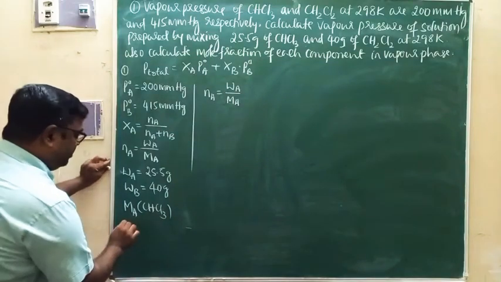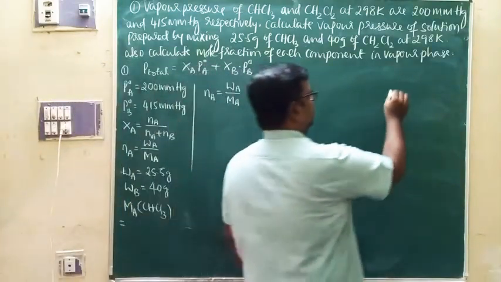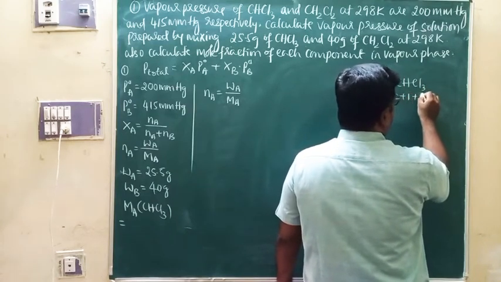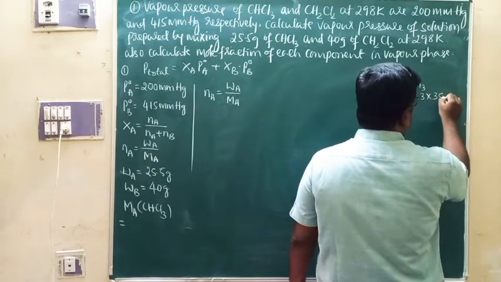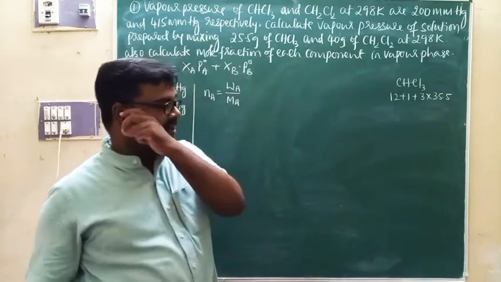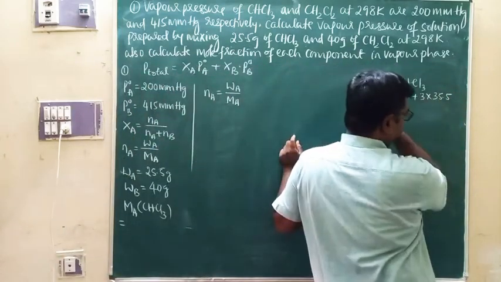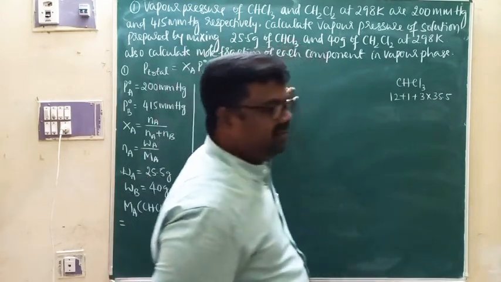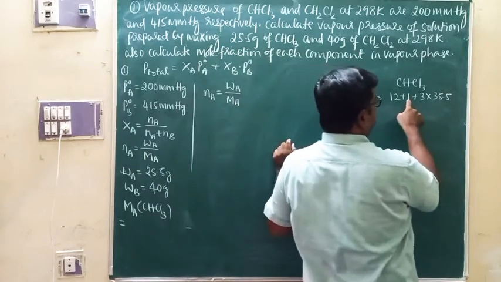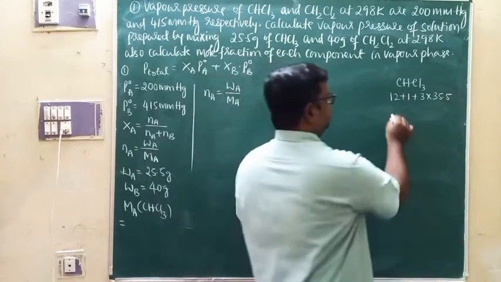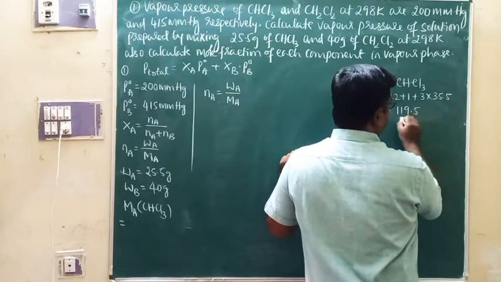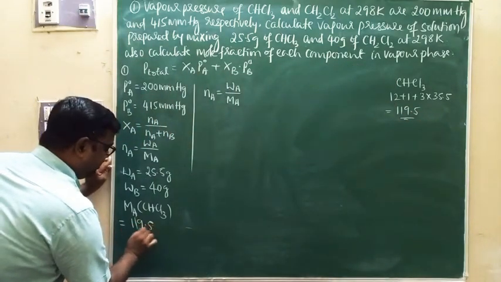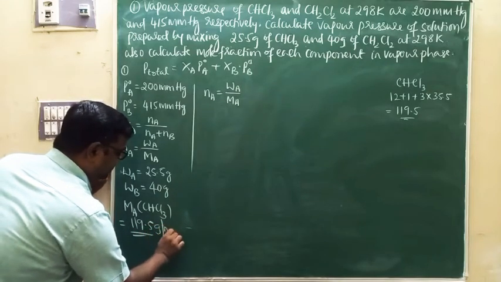As far as chloroform is concerned, CHCl3, carbon is 12, hydrogen is 1, and of course 3 into 35.5, that is 106.5. So the total comes out to be 119.5, that is the molecular mass of chloroform, in gram per mole.